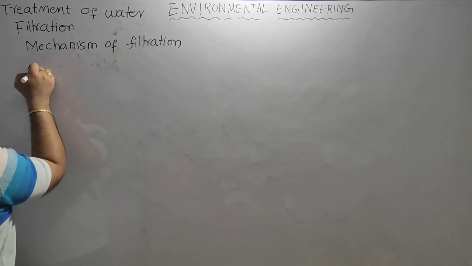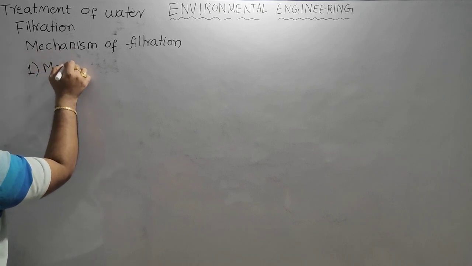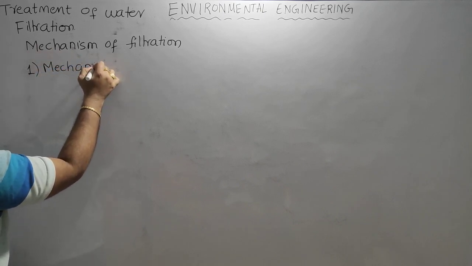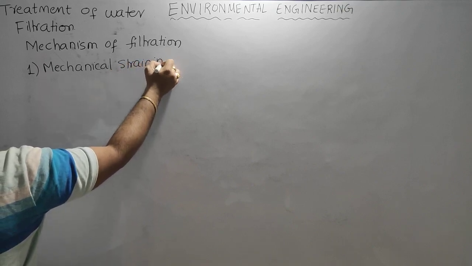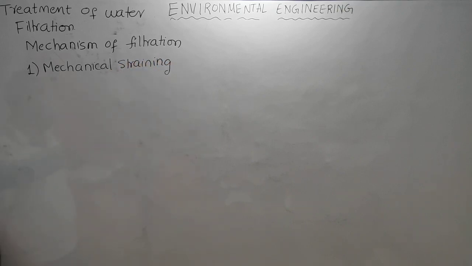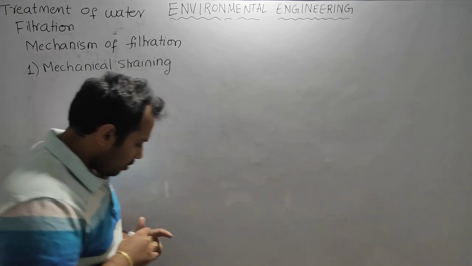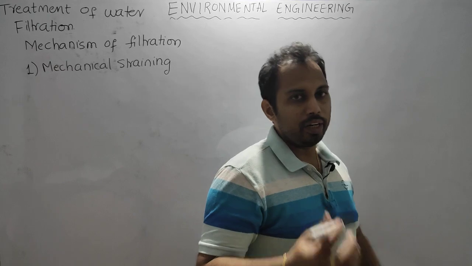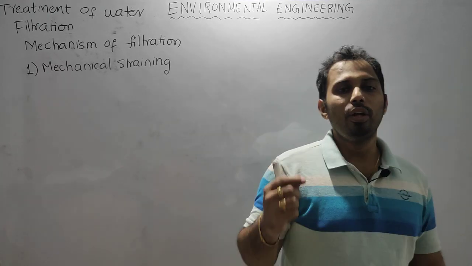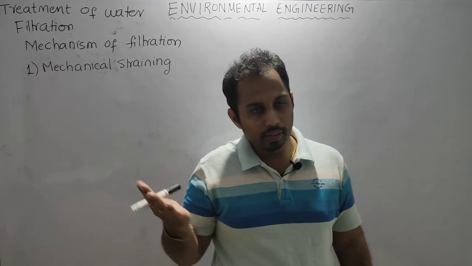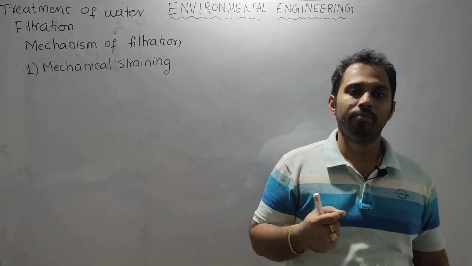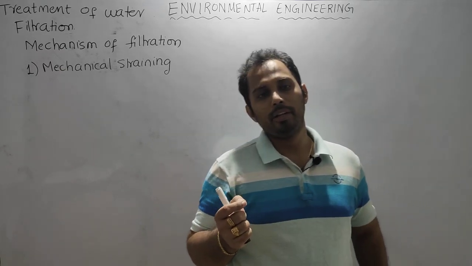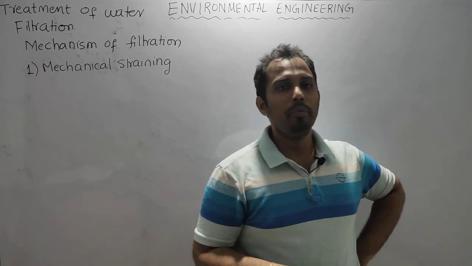The first one is mechanical straining. What is meant by mechanical straining? We all know that whenever we want to do filtration, we need to use a sieve which has a lesser sieve size than the impurity.